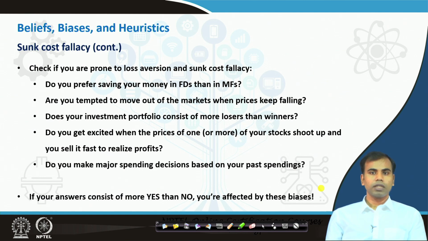Now, having learnt whether we are affected by sunk cost fallacy or loss aversion or other behavioral biases, we should also highlight how we can take care of these issues when we take financial investment decisions.